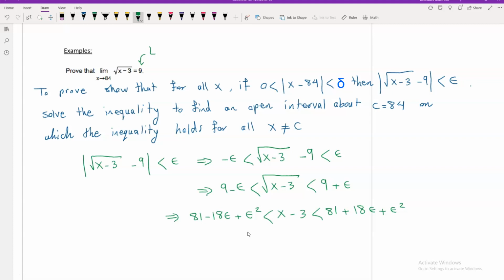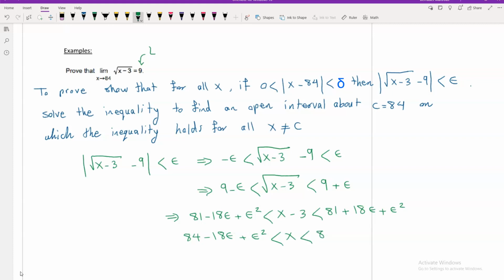epsilon plus epsilon squared. Now solve for x by adding 3 to all. So adding 3, we have 84 minus 18 epsilon plus epsilon squared.